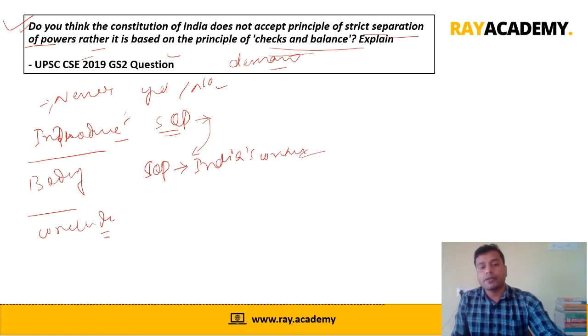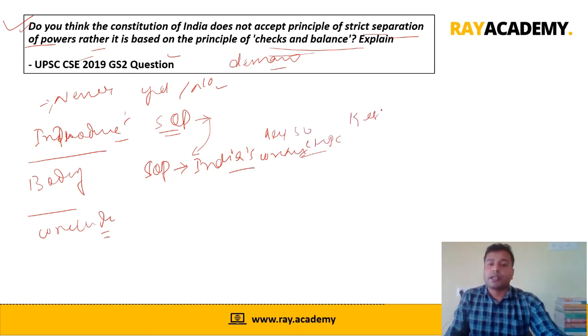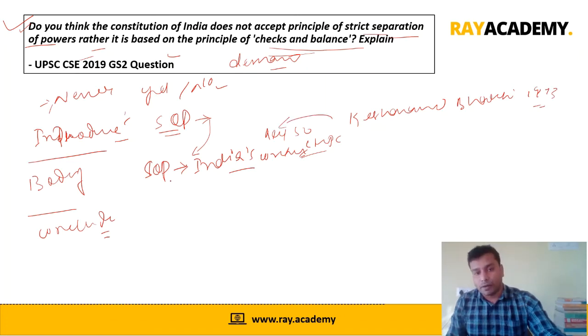And what do I mean by India's context? Already I have told you there are provisions of Article 50, the CRPC, the Keshavananda Bharati case, I have already explained to you, 1973. So try to put those information.